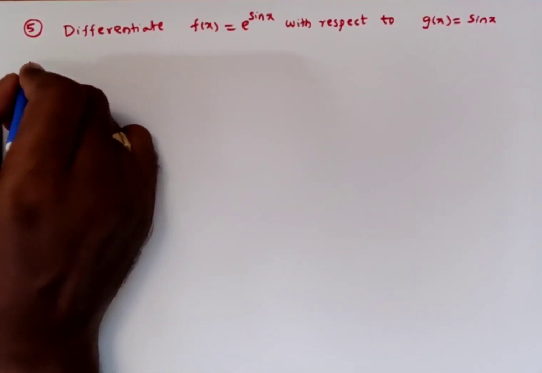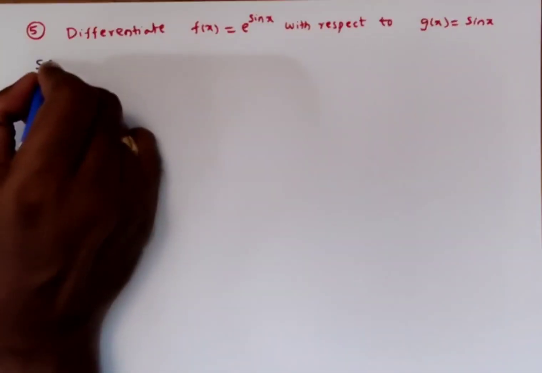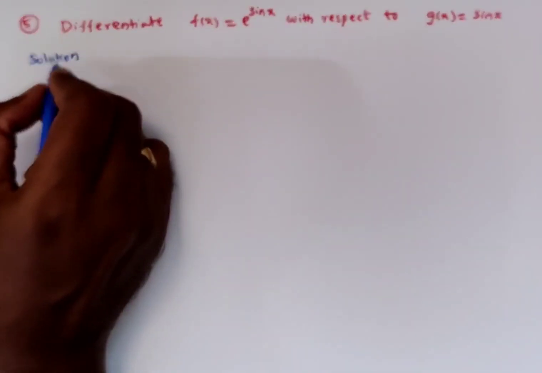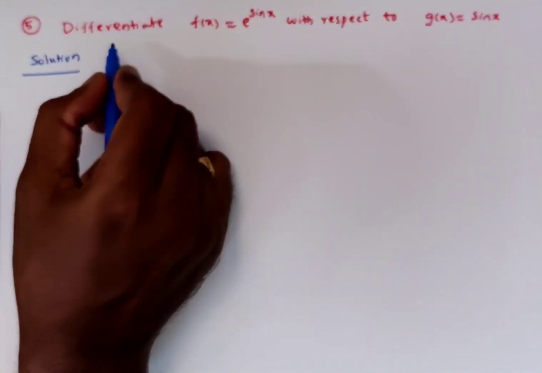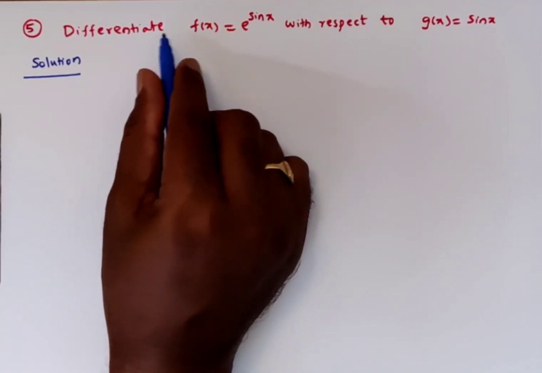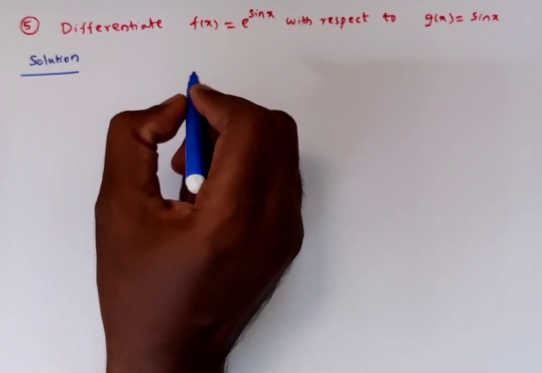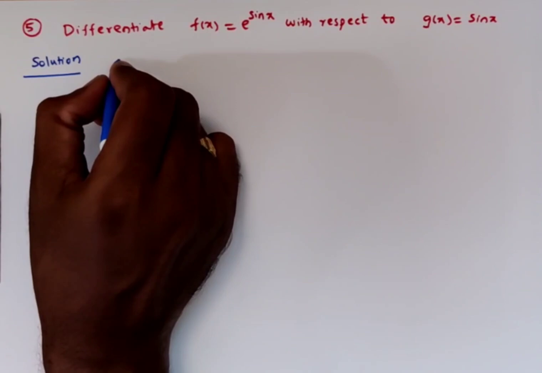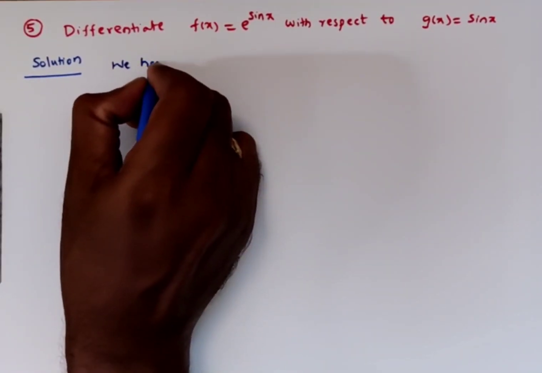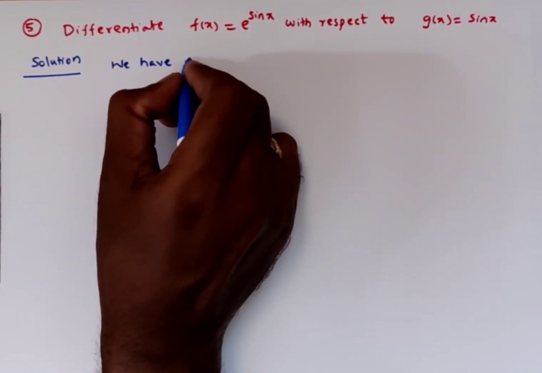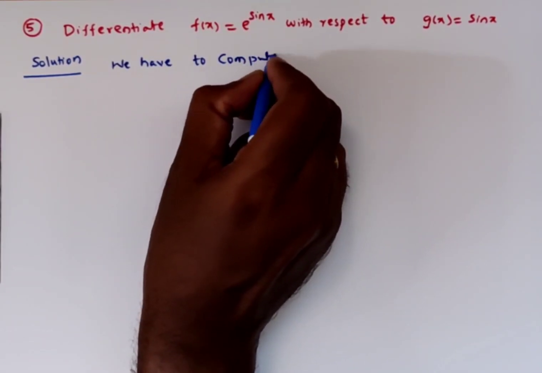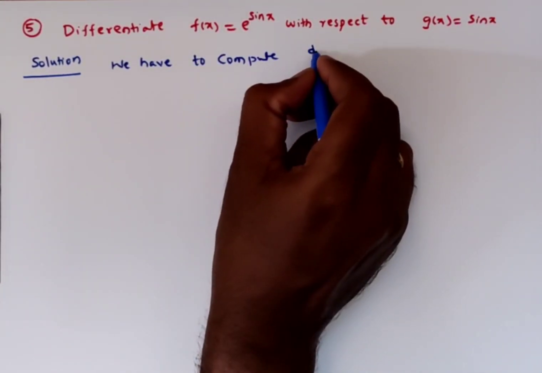So the final thing is df by dg. Sorry, differentiate f with respect to g, so it is df by dg.